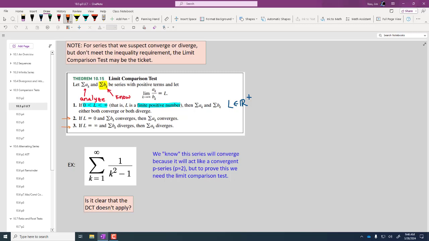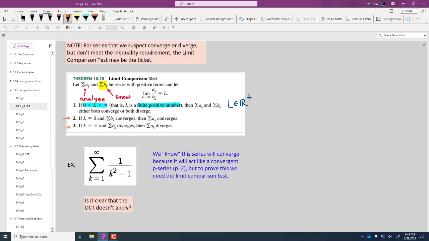Now the only way that this limit could be 0 is if the numerator is going to 0 even faster than the denominator. It's the L'Hopital's rule type of thing. If both are going to 0, but the overall limit is 0, the numerator must be going to 0 faster. So the a sub k's are going to 0 faster than the b sub k's, and if the b sub k's converge, then the a sub k's must converge also.